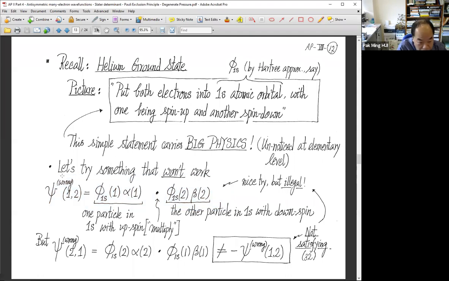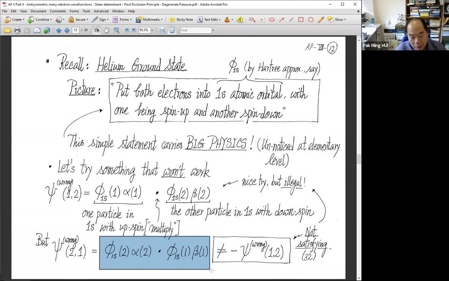But I superscript it wrong, because if I interchange 1 and 2's coordinates, now in this case, 1 becomes 2 and 2 becomes 1. I have to interchange the spin, right? So when I do that, I get that.